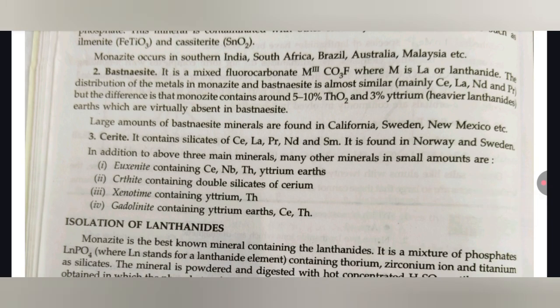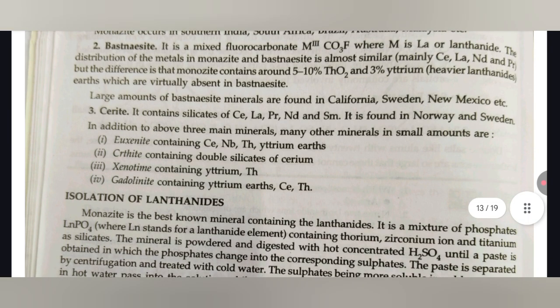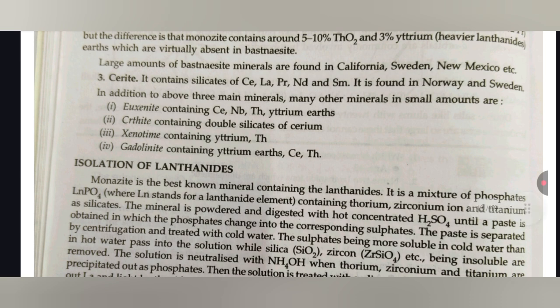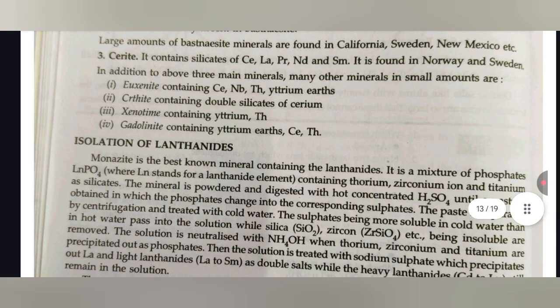Bastnasite is a mixed fluorocarbonate, M CO3 F, where M is a lanthanide. The distribution of the metals in monazite and bastnasite is almost similar, mainly cerium, lanthanum, Nd and Pr, but the difference is that monazite contains around 5 to 10% ThO2 and 3% yttrium and heavier lanthanide earths, which are virtually absent in bastnasite. Large amounts of bastnasite minerals are found in California, Sweden, New Mexico, etc. Cerite contains silicates of cerium, lanthanum, Pr, Nd and Sm.